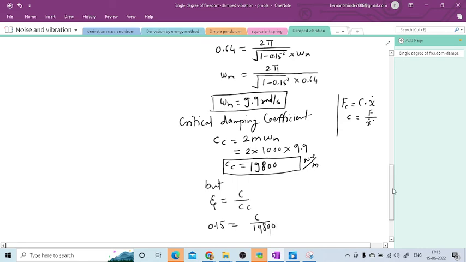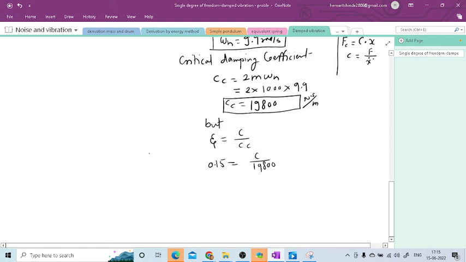So transfer this 19800 to that side and you will get the damping coefficient of your system, and this will be your answer number 1. So 0.15 into 19800 is 2970 Newton second per meter. So this is your answer 1.